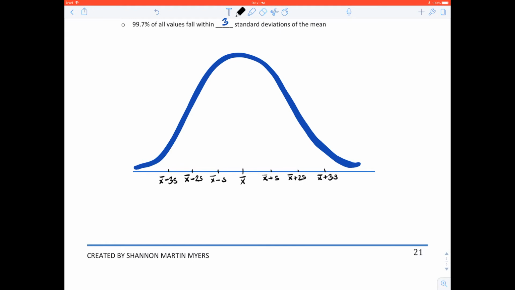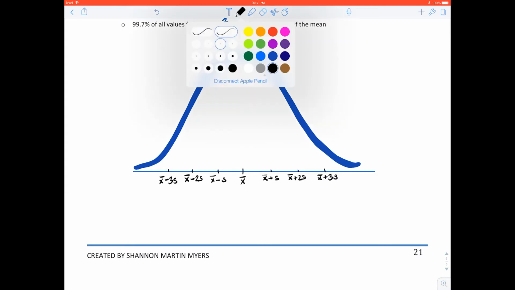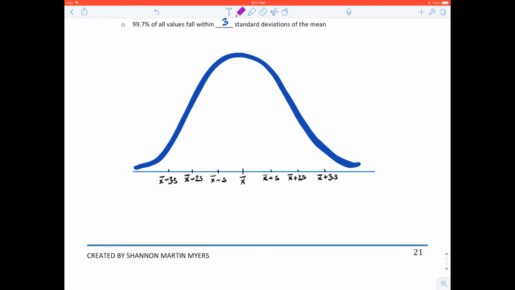So what will happen is, if you look at these here, this is 1 standard deviation below the mean, and this is 1 standard deviation above the mean.